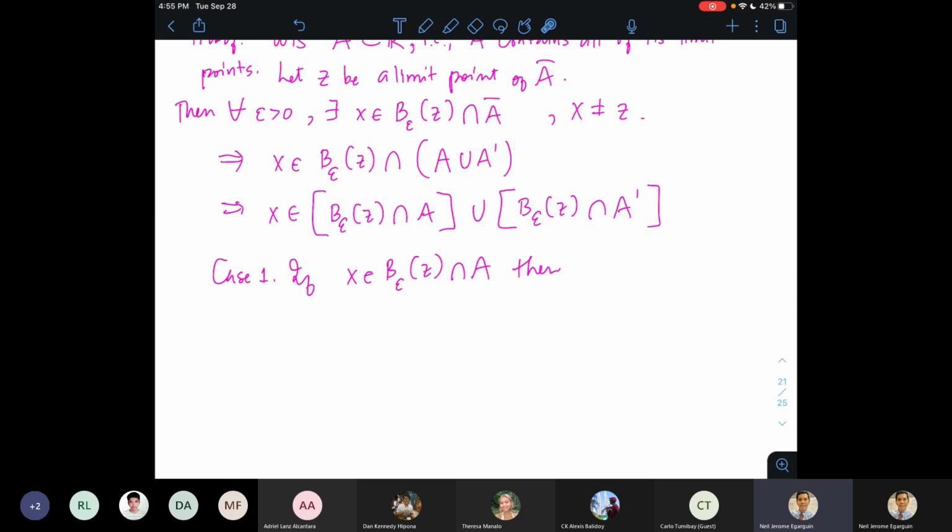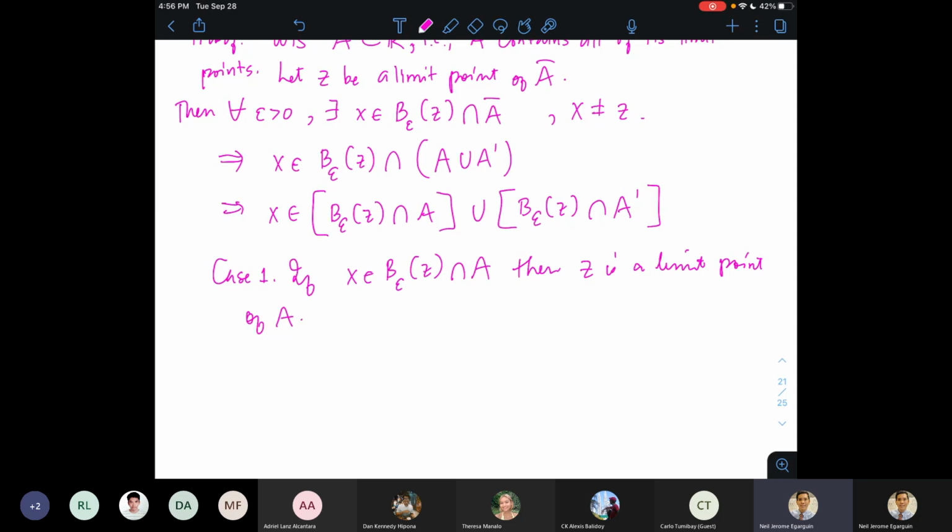Thank you. So Z is a limit point ni A. Tama. Kasi di ba, sulat ko muna para ma-analyze natin. Then Z is a limit point of A. So remember, ang definition ng limit point, ang isang number ay limit point ng isang set kapag merong epsilon neighborhood around that number that intersects the set in an element other than the number itself.